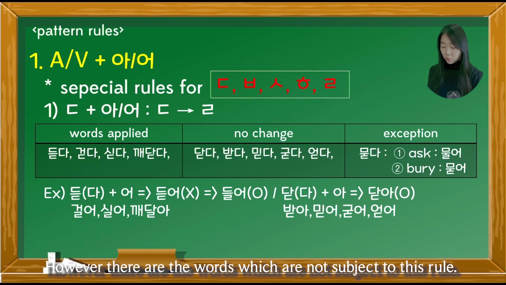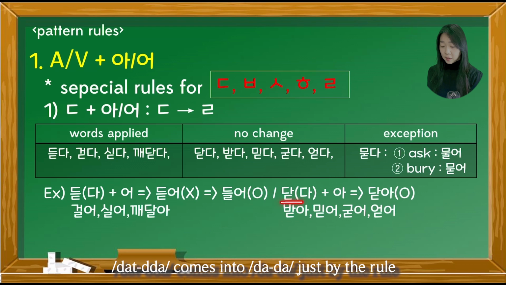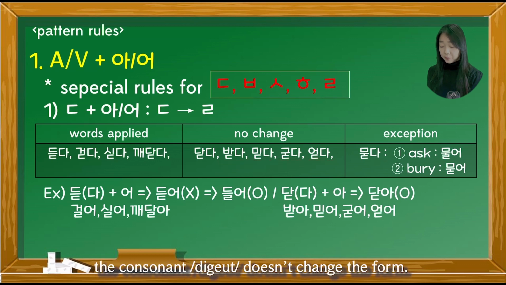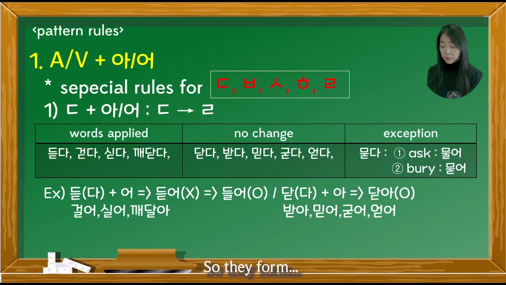However, there are the words which are not subject to this rule. 닫다 comes into 닫아, just by the rule for the consonant ending word that you've learned in the previous lecture. And in the words 받다, 믿다, 굳다, 얻다, the consonant 디귿 doesn't change the form. So they form 받아, 믿어, 굳어, 얻어.